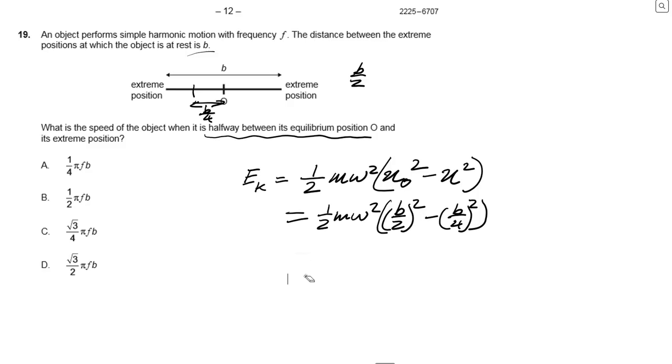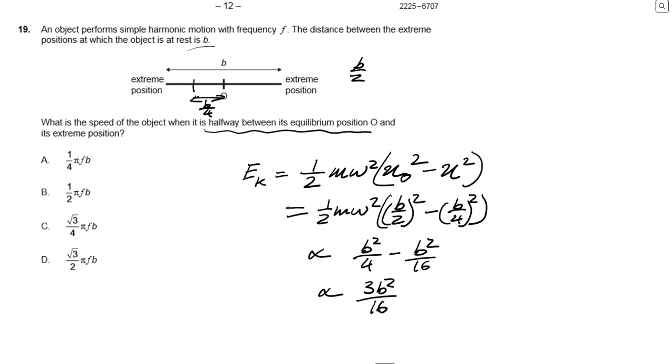So this is proportional to b squared over 4 minus b squared over 16. Now that is 4 minus 1, that's 3b squared over 16.